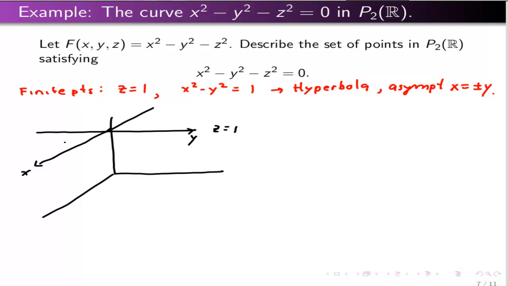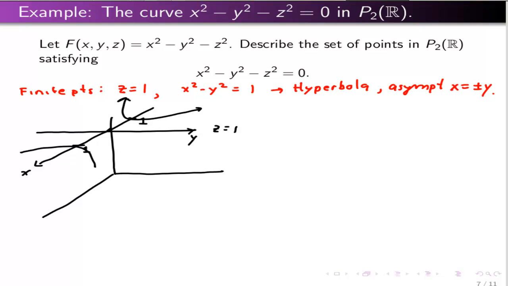I don't know that I would want to draw those in right away. Let's see which variable is restricted. So x squared is 1 plus y squared. That means x in absolute value is always at least 1. There's 1. And so it's a hyperbola like this, something like this. Okay, so those are the finite points.